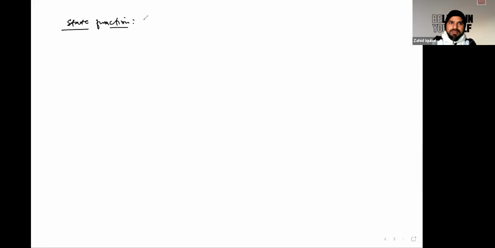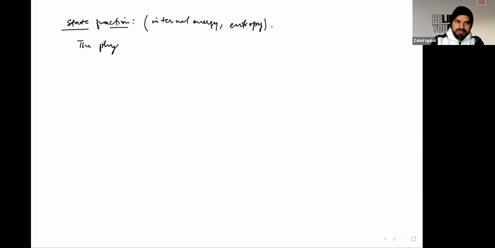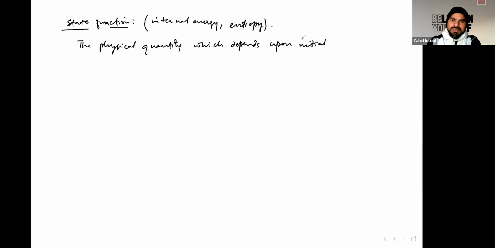I'm giving an example. It will be either internal energy or entropy. So simply, a state function is a physical quantity which depends upon the initial and final state of the gas.